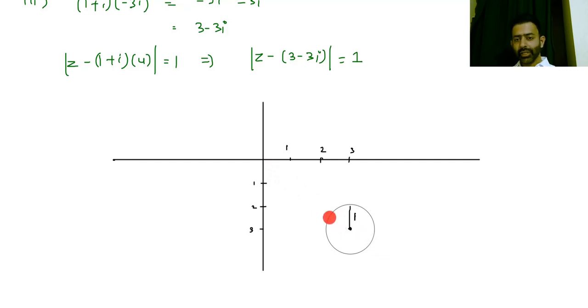Right, so this point will give you the least value, and the point which is directly opposite to this point at the other side of the diameter will give you the greatest value.